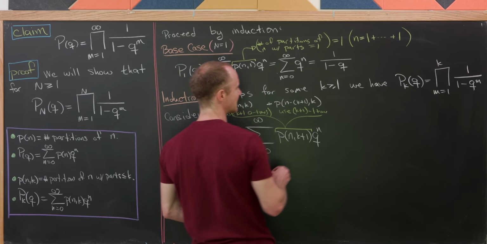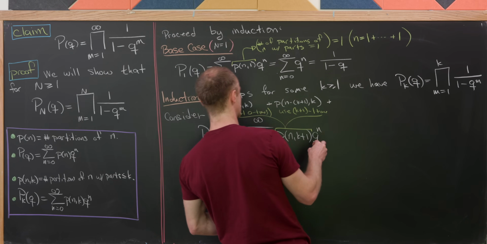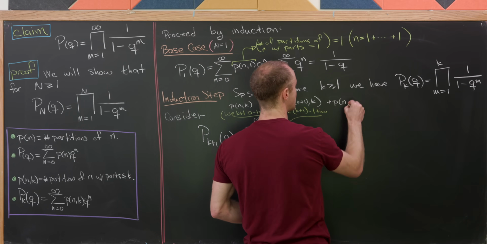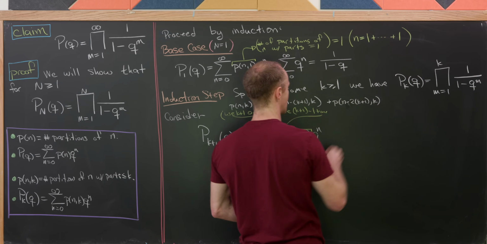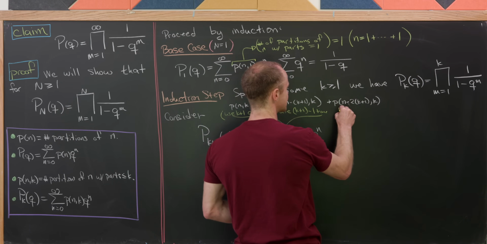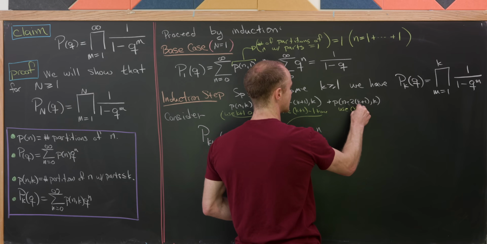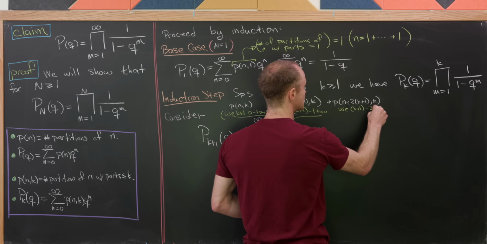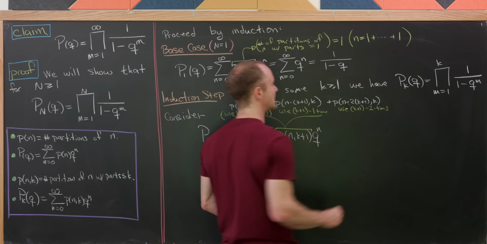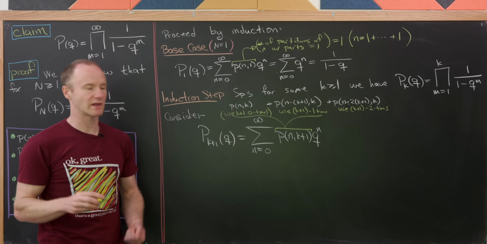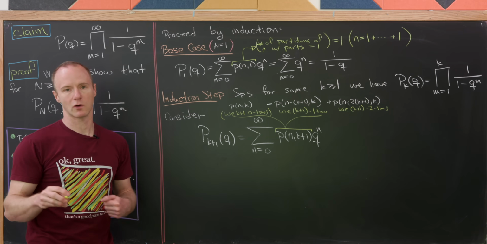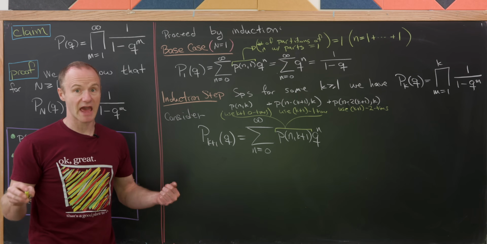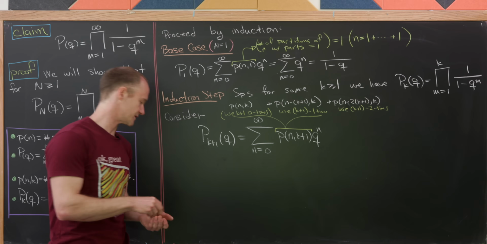Well, and this is just going to continue on and on and on. So then we're going to have plus p of n minus 2 times k plus 1 comma k. And this is going to be from using k plus 1 2 times. Because if we use it twice, then the number left over will be n minus 2 times k plus 1. And we're only allowed to use k or less to decompose that.